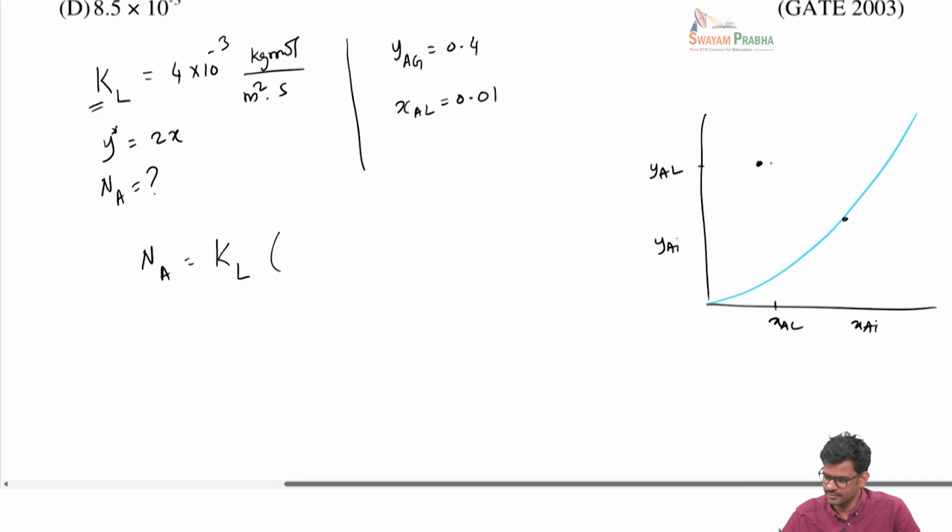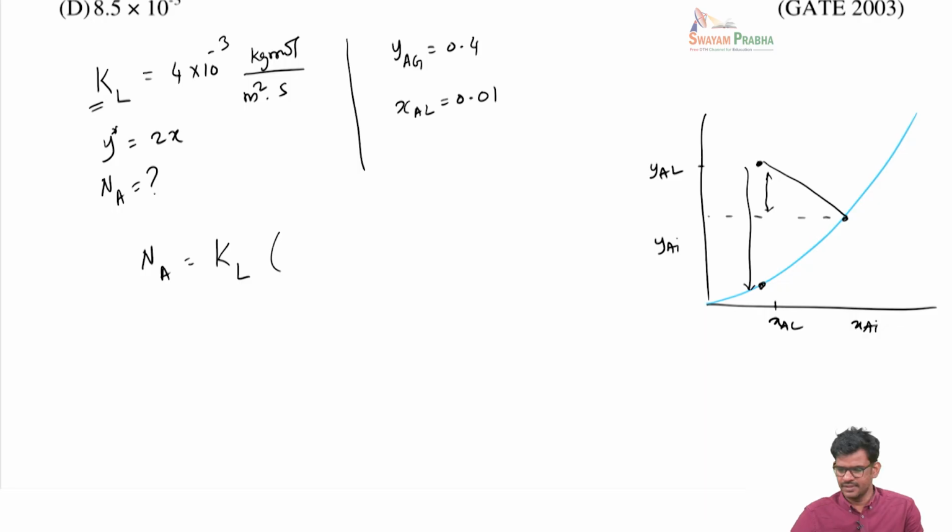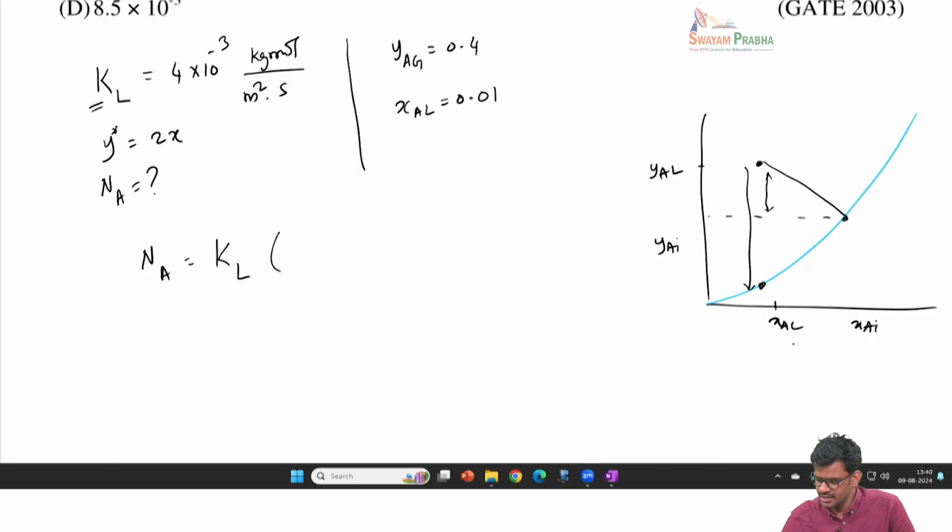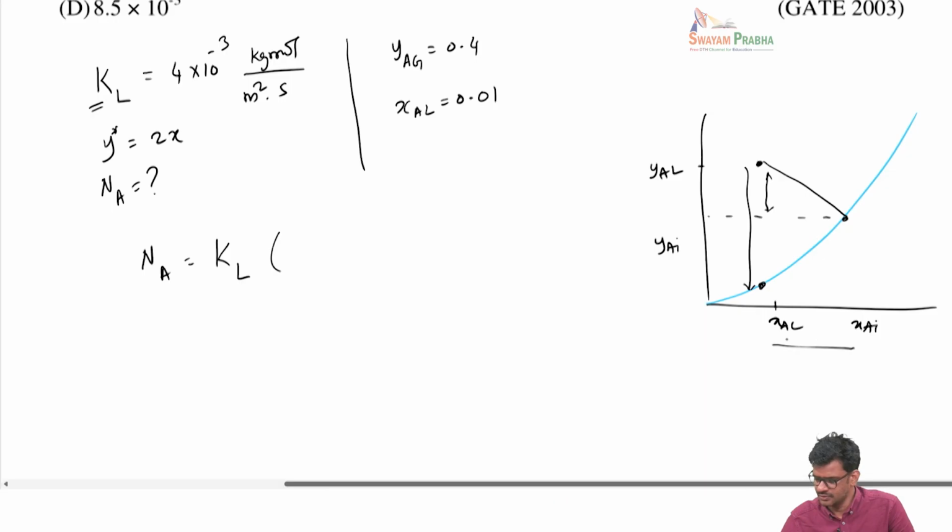So instead of taking this entire concentration gradient and using the gas phase overall coefficient, which is not given, what is given is the liquid phase overall coefficient. So instead of taking XAL to XAI, we should be taking the X star, which is in equilibrium with YAG.